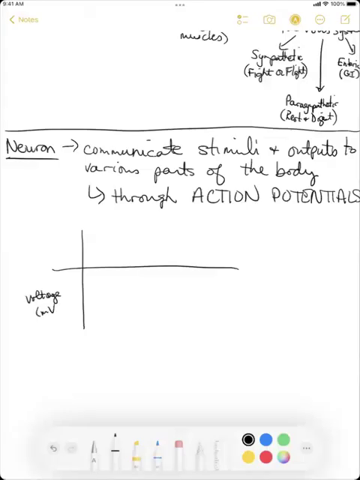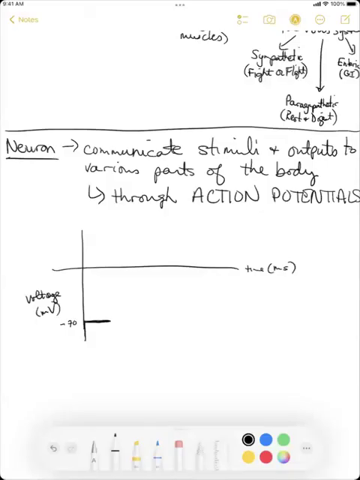And then this x-axis is time in milliseconds. When your neurons are at rest, there's a resting membrane potential. There's no change in the voltage across the cell. And the resting membrane potential is approximately minus 70 millivolts.